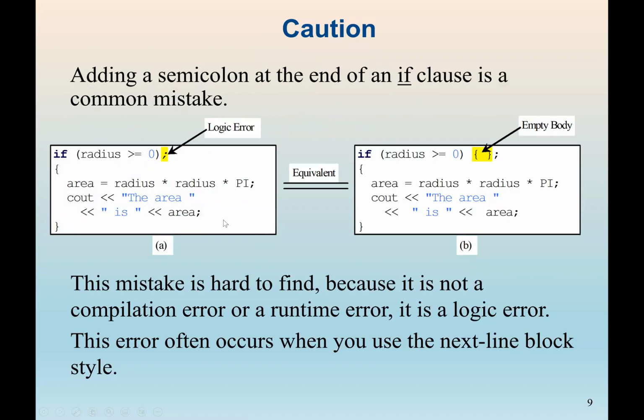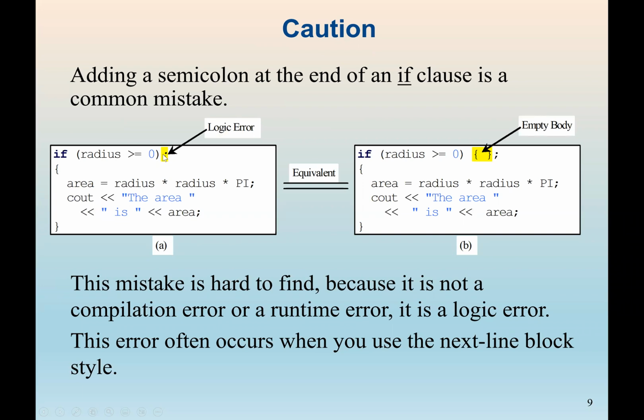So there are some cautions we should take here. For example, when we write our condition, we shouldn't end it with a semicolon. We know that in C++, we always terminate our expression or statement with a semicolon, but a condition is not a statement. So we don't need a semicolon.